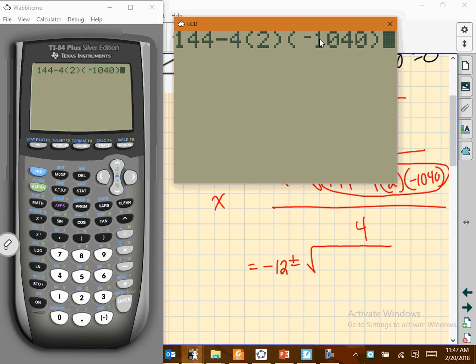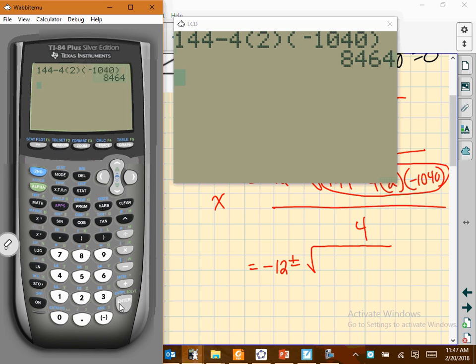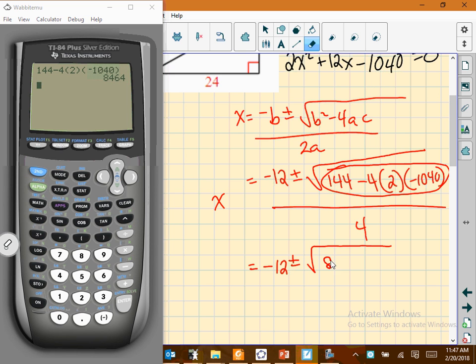And I'm actually going to multiply probably these two numbers together first. Get the negative 2,080. Multiply that by negative 4, so now it becomes a positive number. And then you add that to 144. So it knows to go through that order of operations to get that number. So right now we have 8,464 underneath here, all divided by 4.